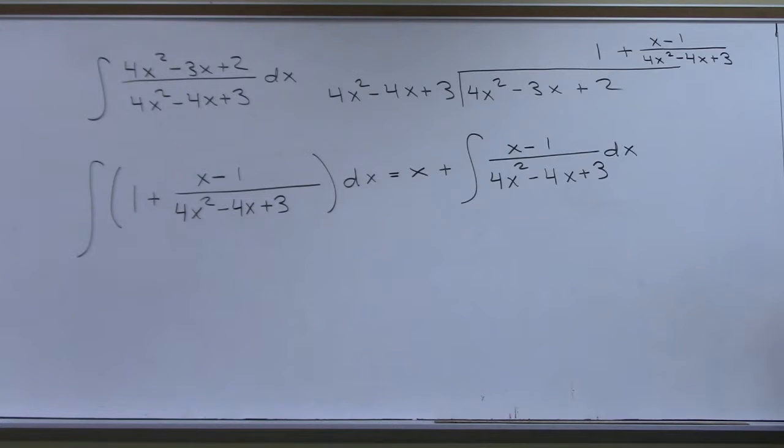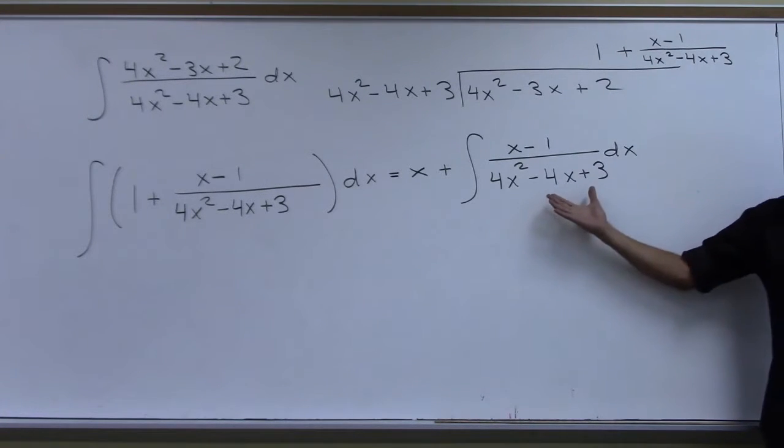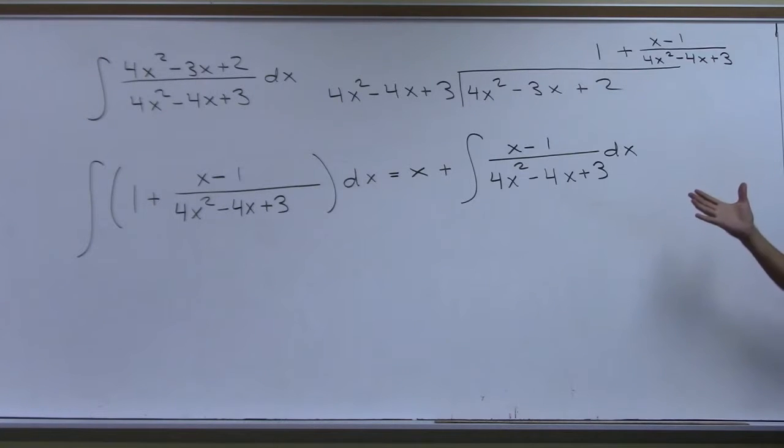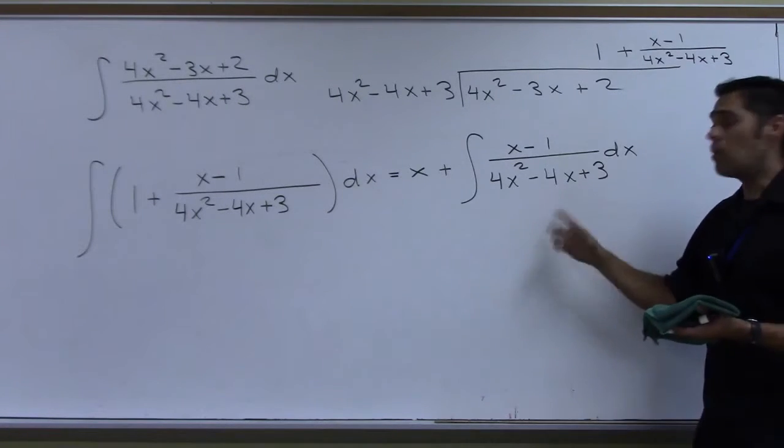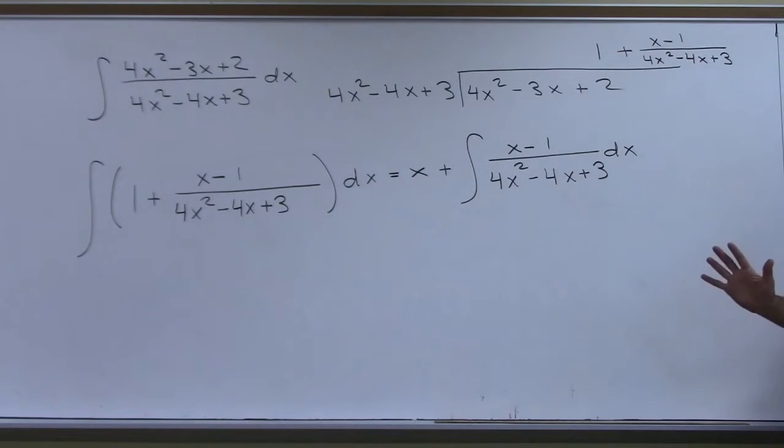What now? We're at Ethan's table. Anyone over there? Split it up. How do you mean? Can you factor out the bottom? Okay, so yes, you always look, can we factor the bottom? If we can, then we'll probably get distinct linear factors and we'll use the A and the B thing.